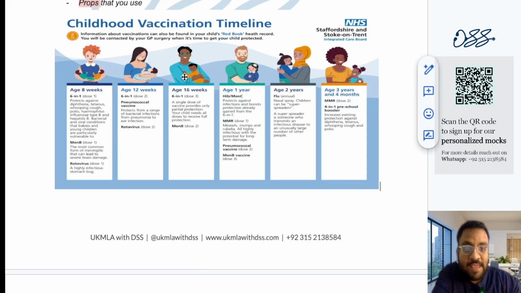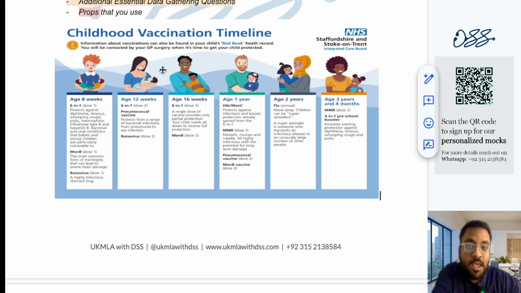Like for example, as you can see on the screen, on the vaccination schedule station, you may have this particular type of placard in which the vaccination schedule would be mentioned. So you need to pick up this placard and show it to the student and teach while using the reference from it. As you can see, on the 8th week there are 3 types of vaccination.